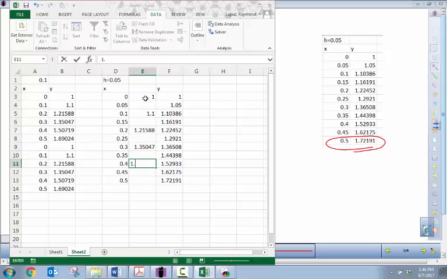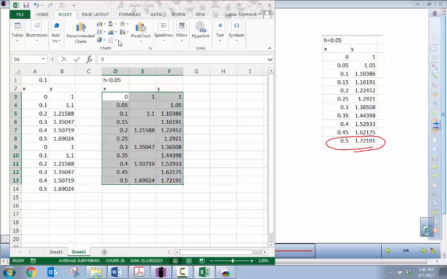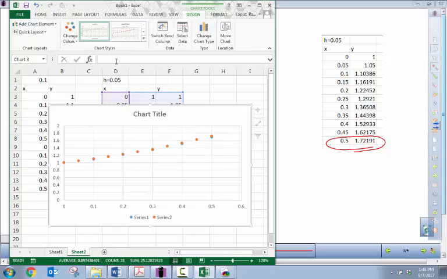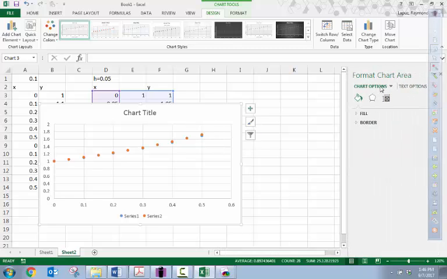This is a 1.50719 and 1.69024. So now I should be able to come up with a double plot here. Nope. Yeah. They're in there. So I need to zoom.